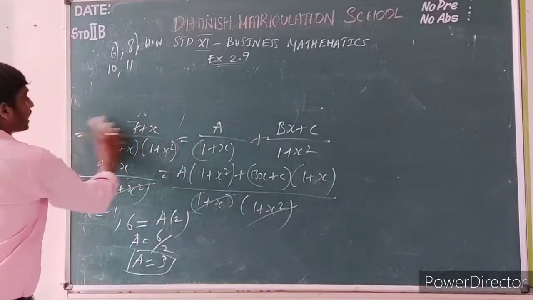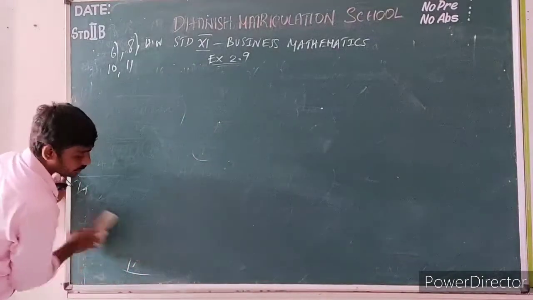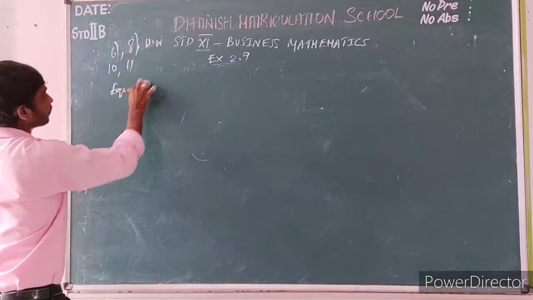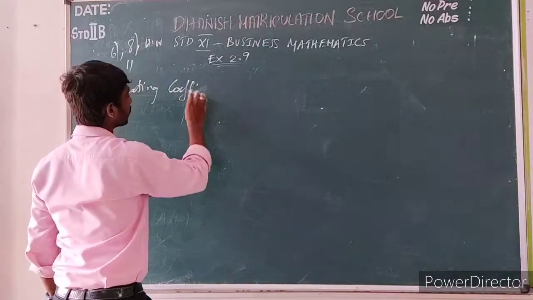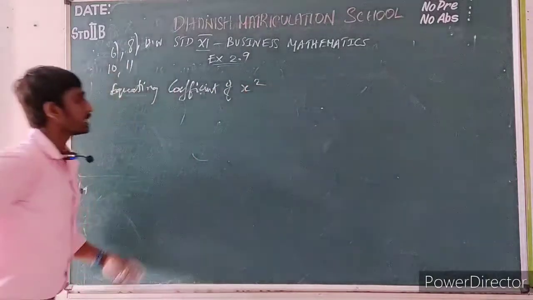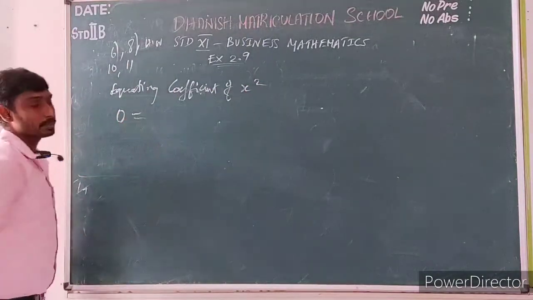Next we are using equating coefficient of x square. On the LHS there is no coefficient of x square value, so you have to simply put 0.